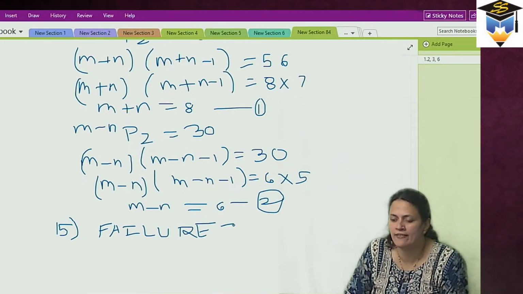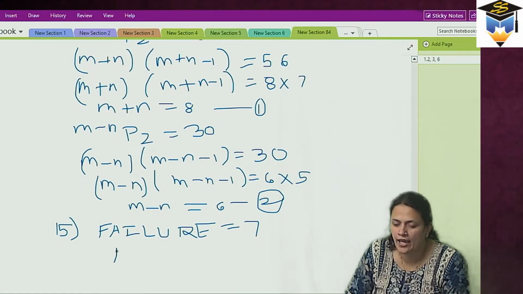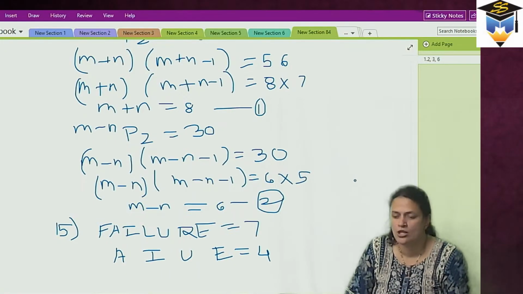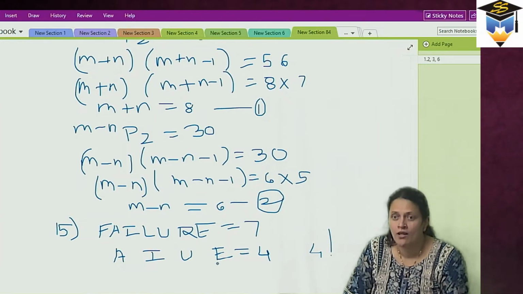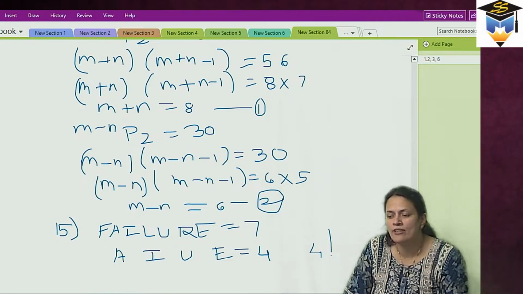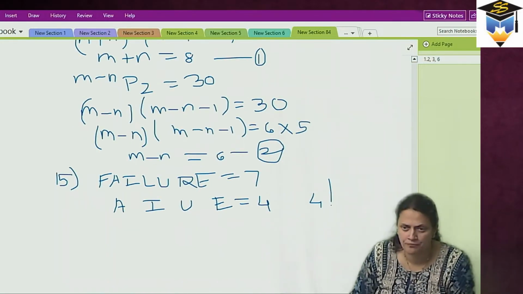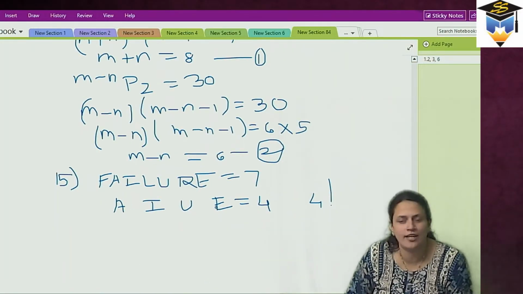Total 7 alphabets. Out of this, A, I, U, E are vowels. Vowels are 4. So in 4 factorial ways these vowels can be arranged. Now these vowels can be arranged in any which way. This is the first way in which I have arranged them.